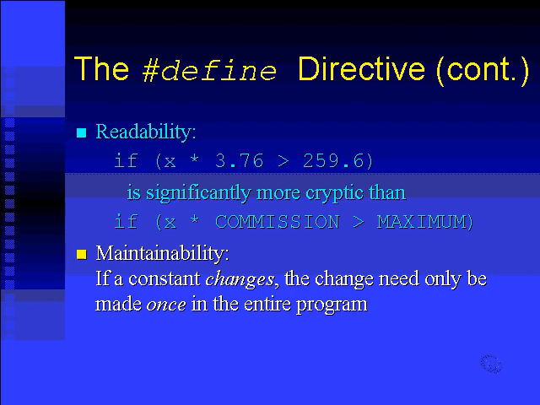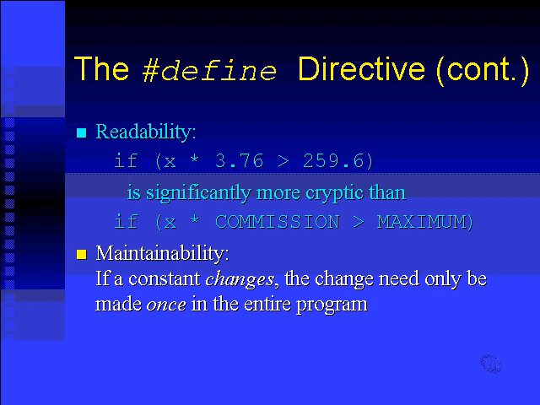You'll know that there's just going to be one definition of 3.76 right up the top of the program where the hash defines are. You can just simply go up to the top of the program, change the 3.76 to 4.12, just make one single change, recompile the whole program, and your program will now be working with the different value. So you only have to do it once. You don't have to do a search and replace.